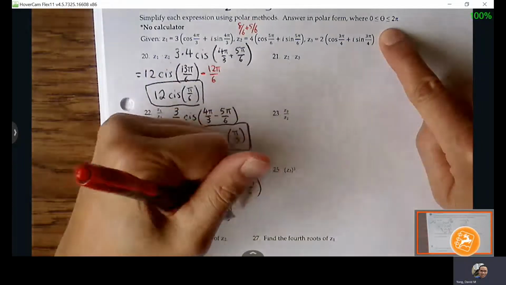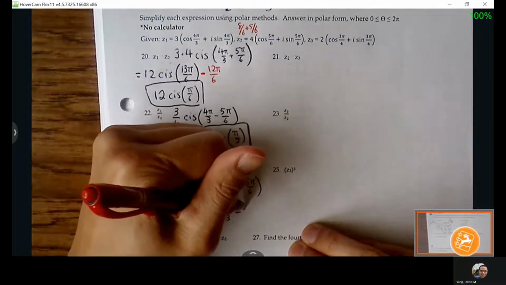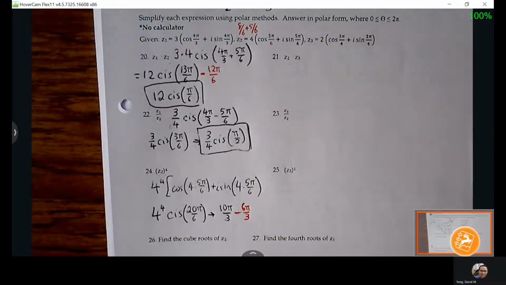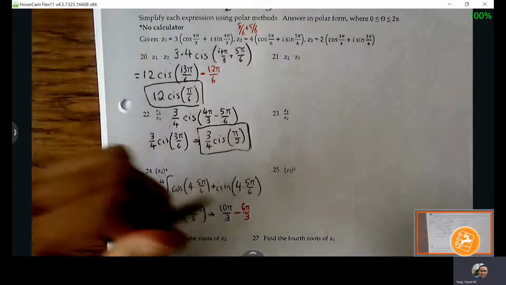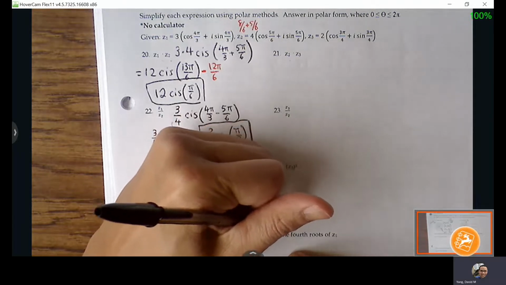Yep, subtract 2 pi. So this is 4 to the 4th CIS 4 pi over 3.